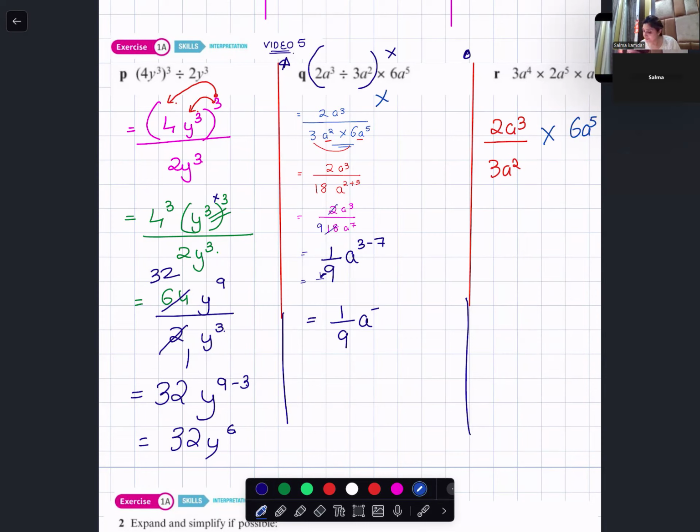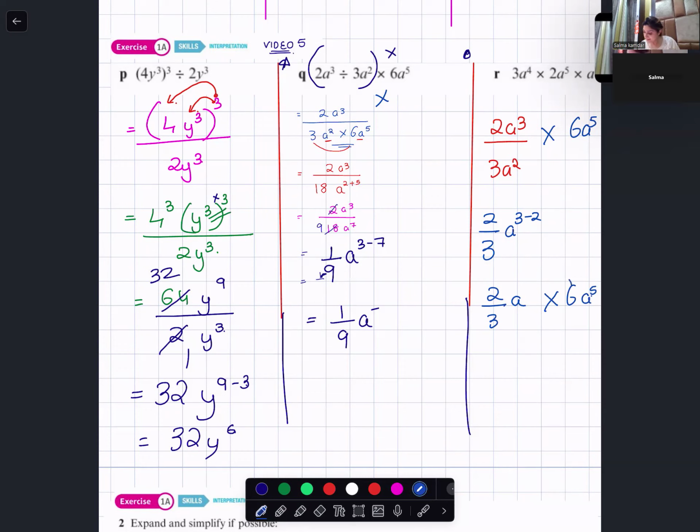Okay, now what you're going to do with this is 2 upon 3, a raised to 3 minus 2. So this becomes 2 upon 3a. Now you're going to multiply it with 6a^5.